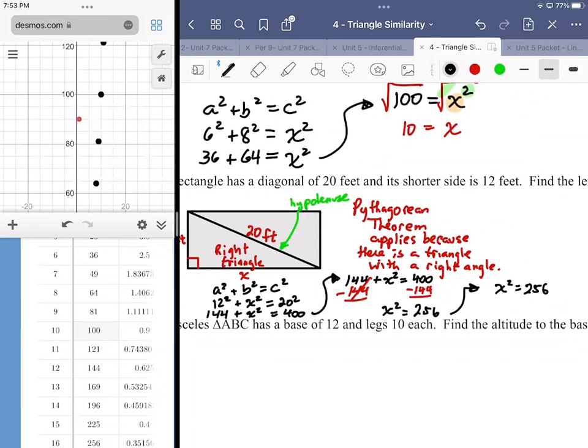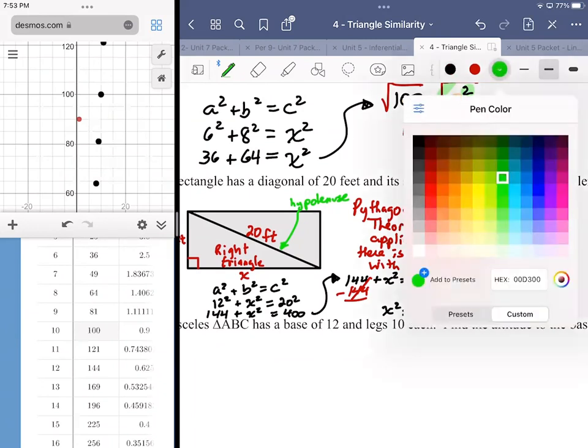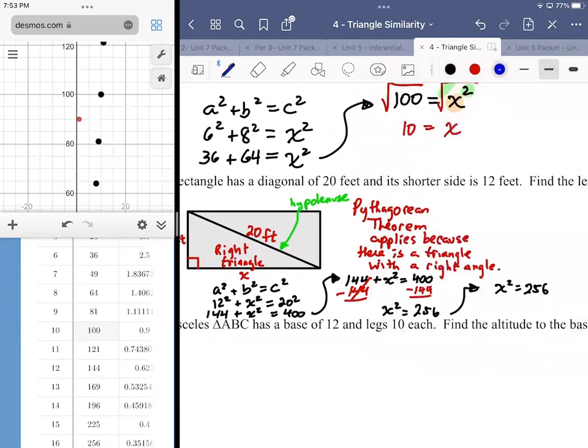If I want to get just X, I'd have to take the square root of both sides. All right, let me get blue back in the party here. So I take the square root of both sides. Again, the power of 2 and the radical are going to cancel each other away. You take the square root of the power of 2, you get whatever was being raised to the power to begin with.